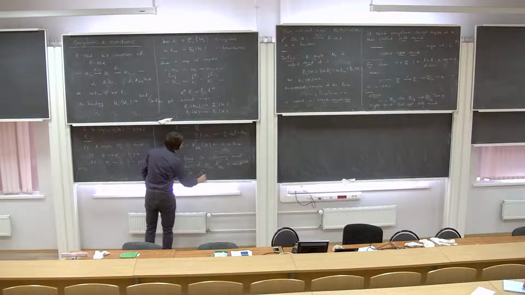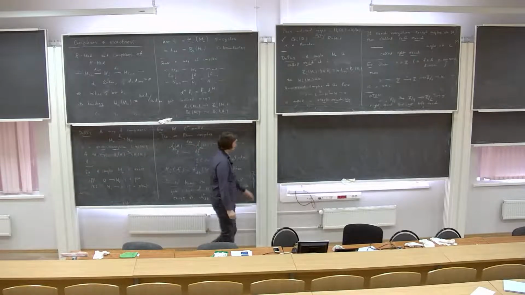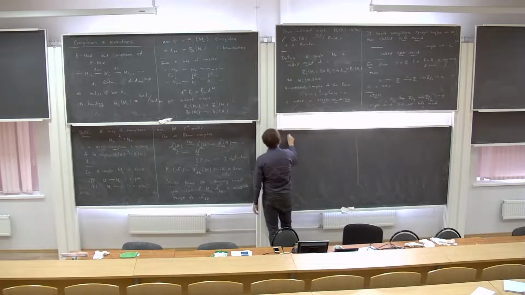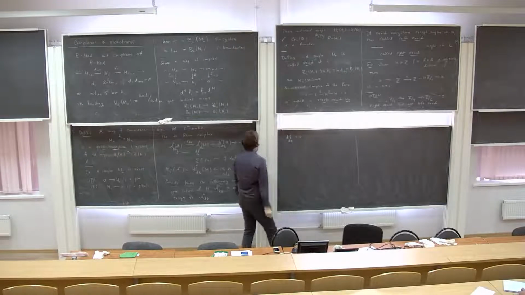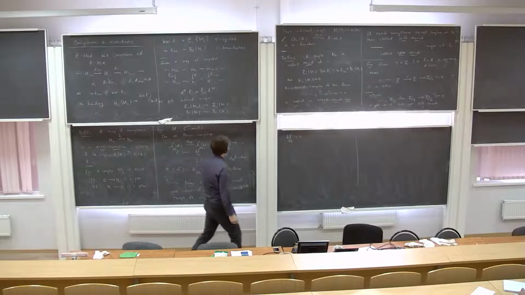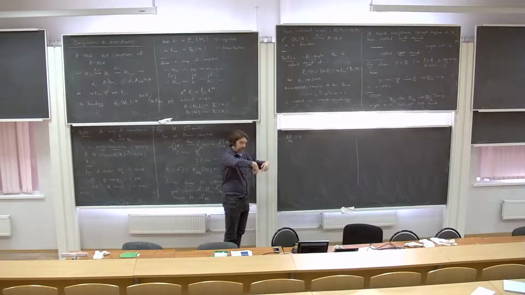Okay. And there's a kernel. What is the kernel? The differential of a smooth function. So you know from calculus that a function has its differential equal to 0 if and only if it's locally constant.